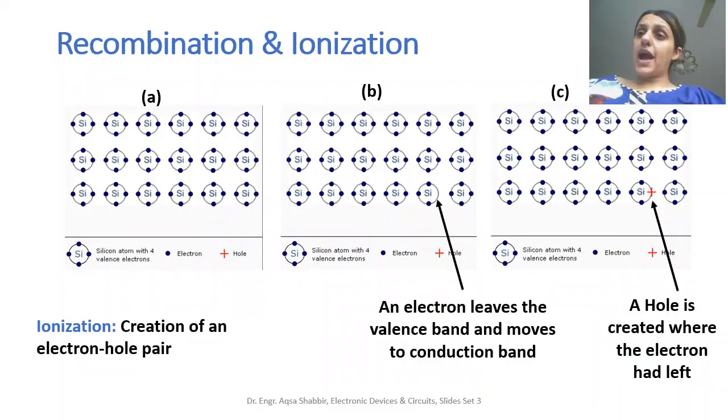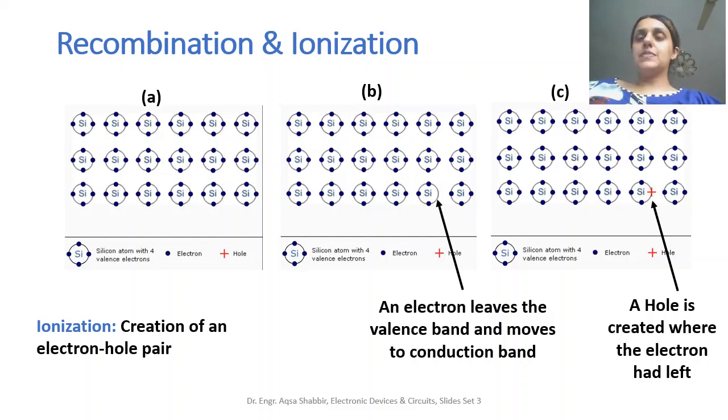We're now going to look at the unending process of recombination and ionization that is always taking place inside silicon, or inside any semiconductor material for that matter. Figure A on the left shows the inside of the silicon material where each silicon atom forms 4 covalent bonds with 4 neighboring silicon atoms.